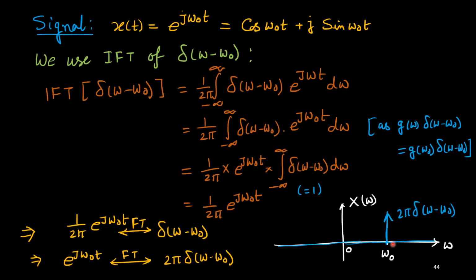This is a one-sided spectral, remember. And if I consider e to the power minus j omega naught t, then we'll get one impulse at minus omega naught. That will come later.